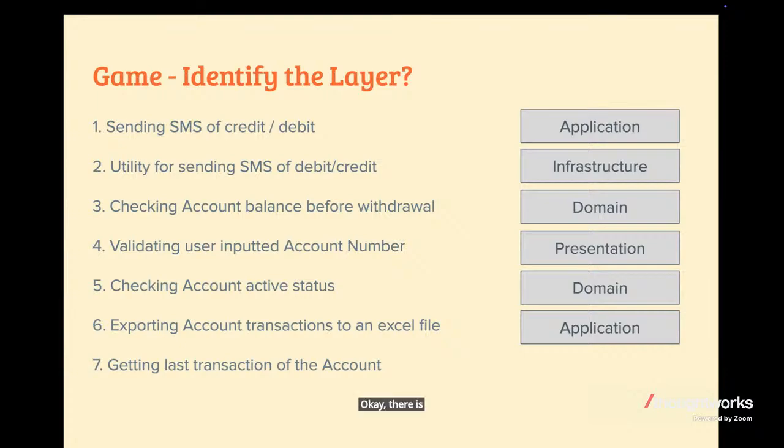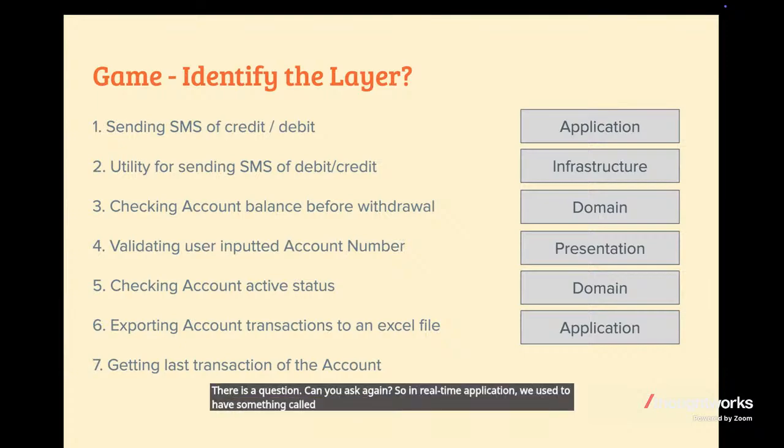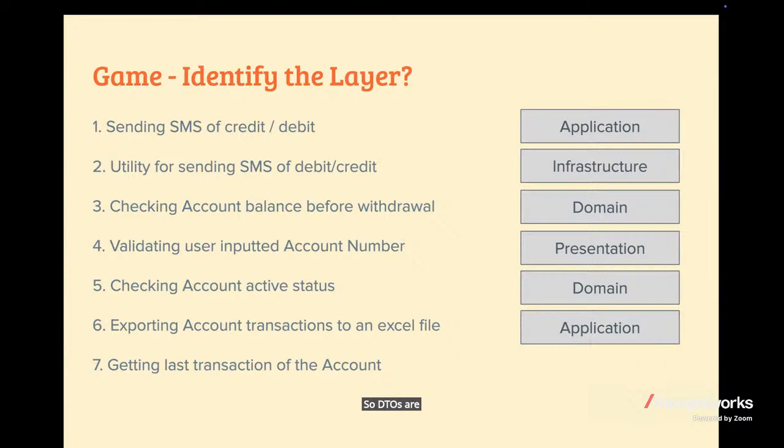Can you ask again? In a real-time application, we used to have something called DTOs. This helps us transfer data between multiple layers, from presentation to application. In which layer should this DTO be owned? DTOs are mostly used when you're getting a request into your controller.